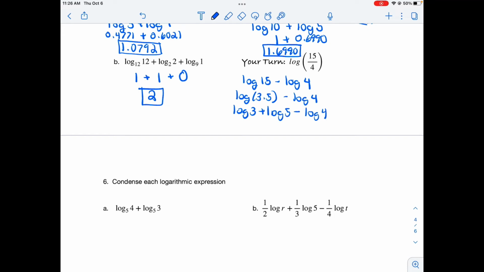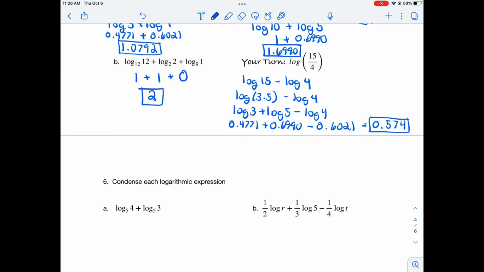And then I can just substitute in the given information. It was given that log of 3 is equal to 0.4771. Log of 5 we know to be 0.6990. And common log of 4 is 0.6021. Adding and subtracting those to get our answer of 0.574.